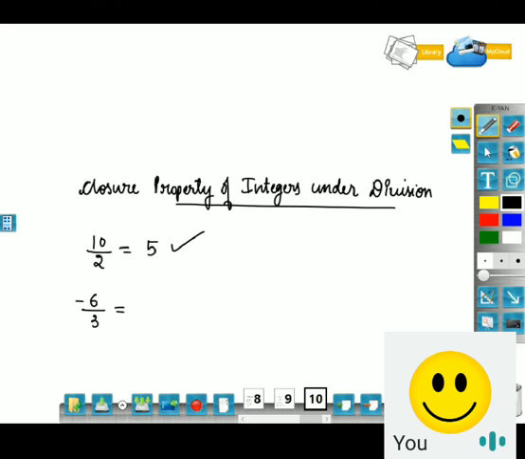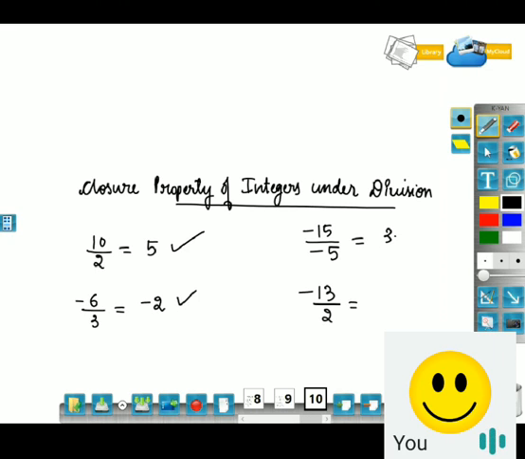It will be minus 2, which is also an integer. We'll take another example, minus 15 divided by minus 5. What is the answer here? It will be 3.